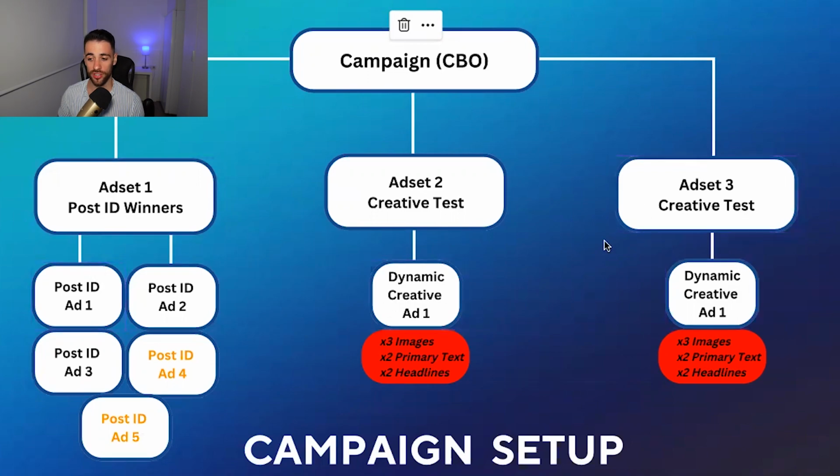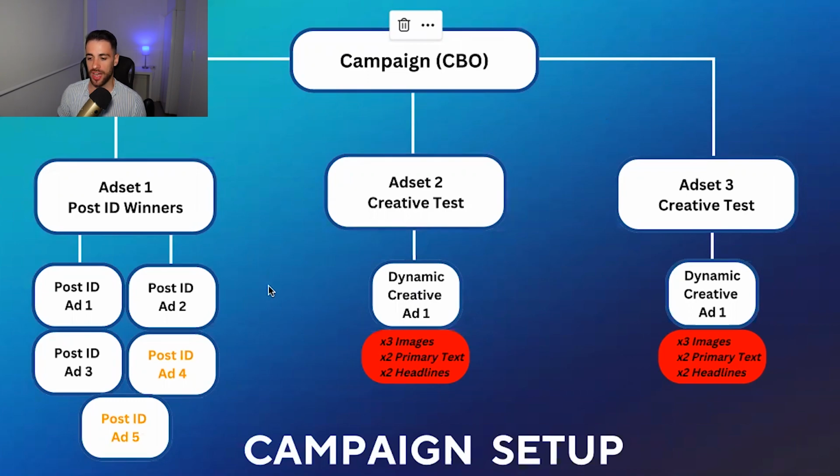If one doesn't work, you would turn it off, duplicate it, change the lineup of creative, change the images or change the primary text, change the headlines to something different, and relaunch it. If it was performing and you've taken the winner, don't turn it off, just leave it on until it eventually burns out, or you've found something that's better, and your criteria of what is a good CPA, what is a good ROAS has moved, okay?